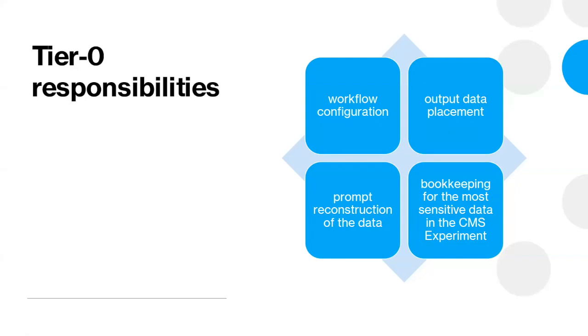We don't want any data loss, and the thing that can cause data loss is errors in the software. So we want to have a good tracking system for these errors.